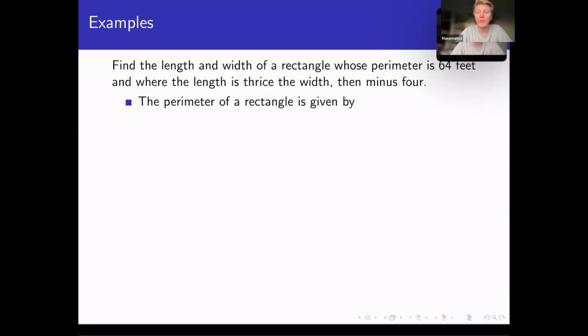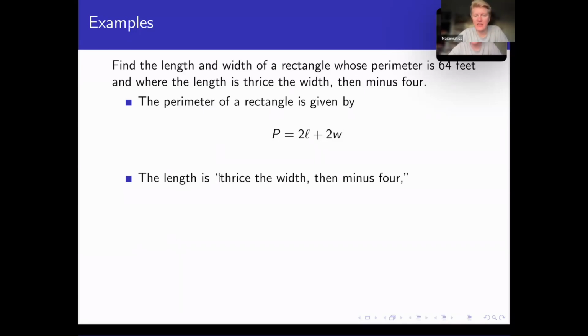Okay, well, the perimeter of a rectangle in general is always given by 2 length plus 2 width. Think back to when you first learned shapes. Perimeter equals 2L plus 2W. But we're saying that the length is thrice the width, then minus 4. That means the length is 3 times the width minus 4.